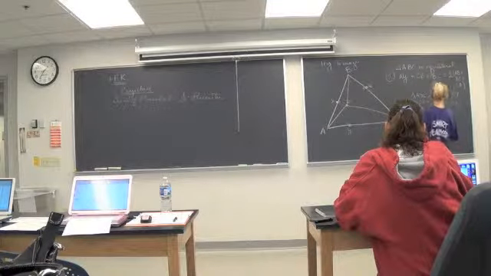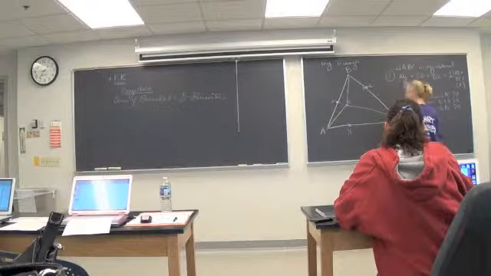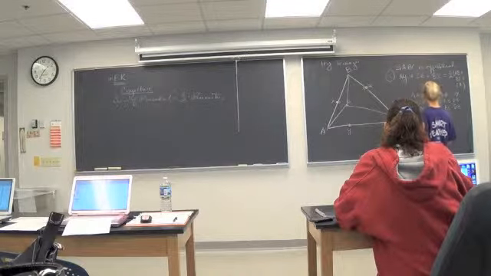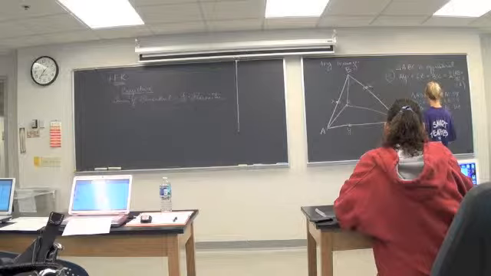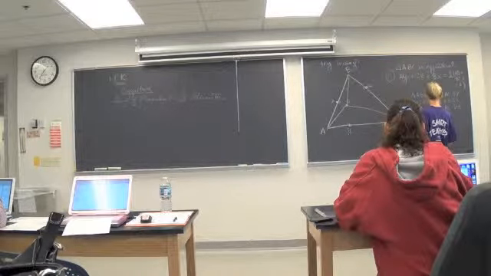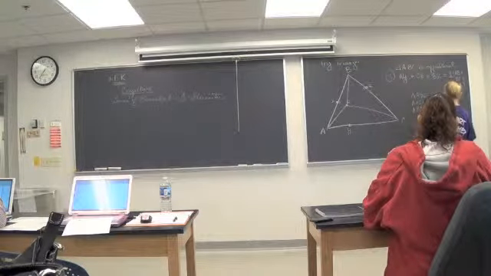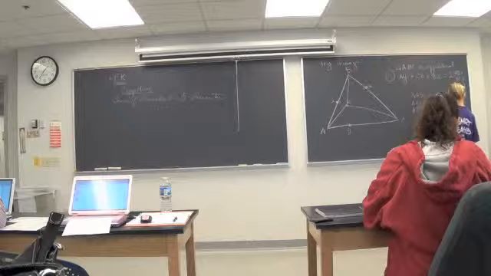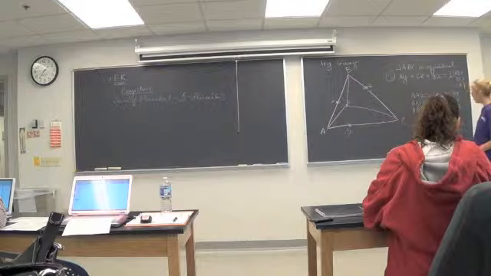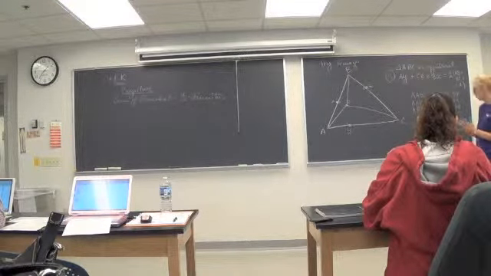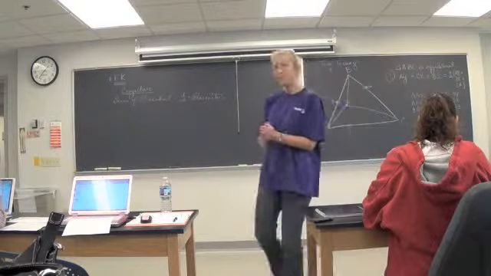I think Kelly said, triangle. So the area of the entire triangle is equal to the sum of the 3 areas of the 3 triangles. Is this all right, everybody?